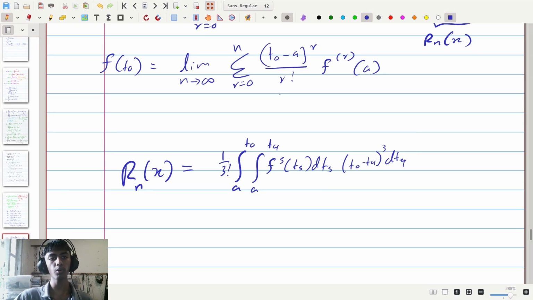Since what we're looking for is f at t0, I'm actually going to substitute r at t0 instead of r sub n of x. So this is the expression we want. We can simplify this a little bit in order to turn this into something that's closer to some expression using n. So then, looking at the integral on the right here, we have a double integral, which first thing we're going to do is actually convert this into a single integral format.